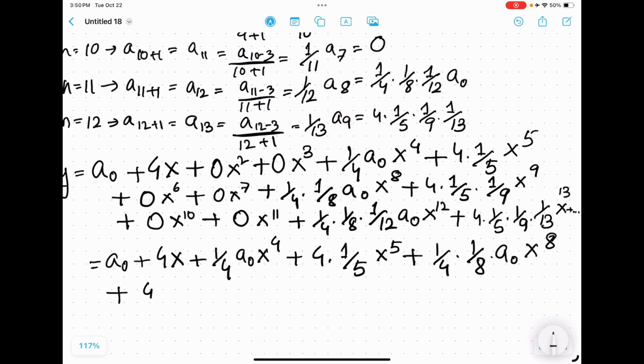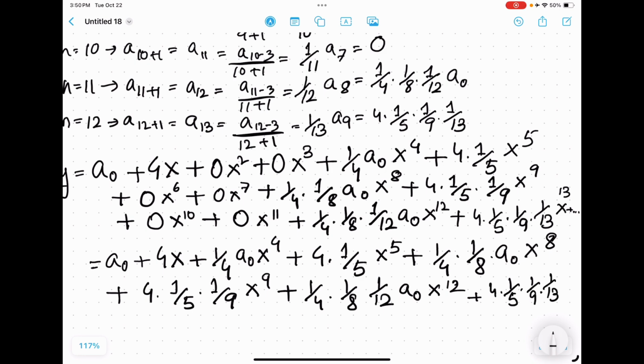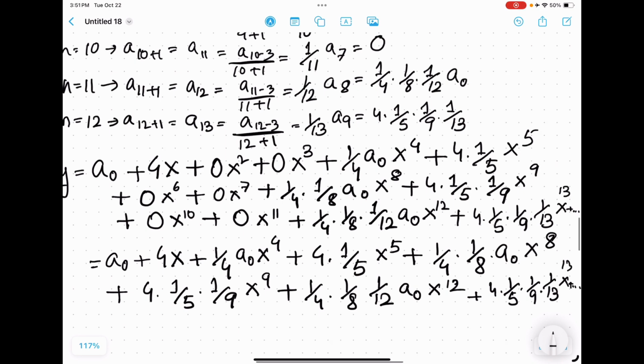plus 4 times 1 by 5 times 1 by 9 times x to the power 9, then plus 1 by 4 times 1 by 8 times 1 by 12 a sub 0 x to the power 12. And finally, I have 4 times 1 by 5 times 1 by 9 times 1 by 13 x to the power 13, and so on. All right.